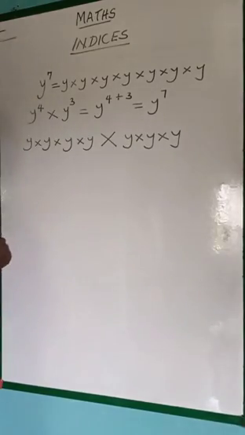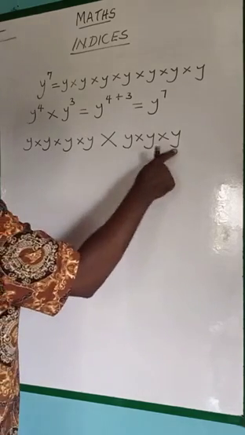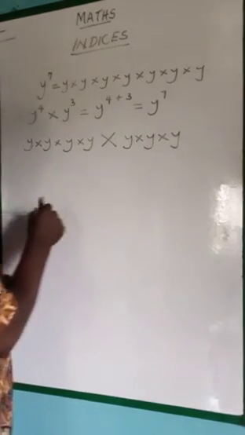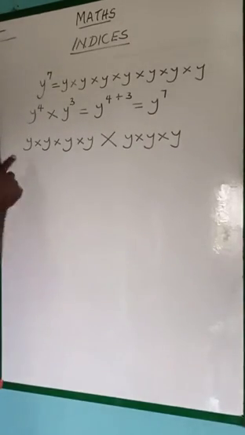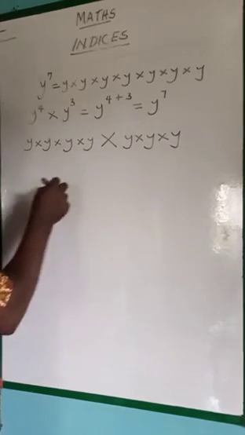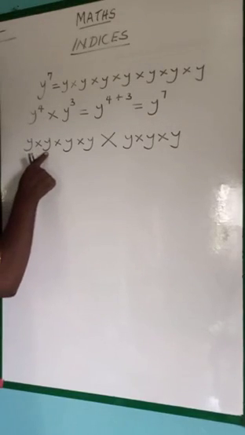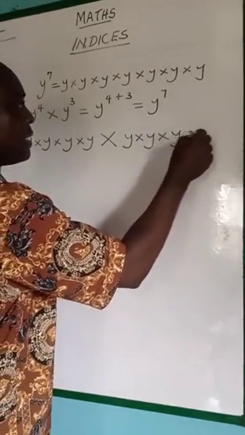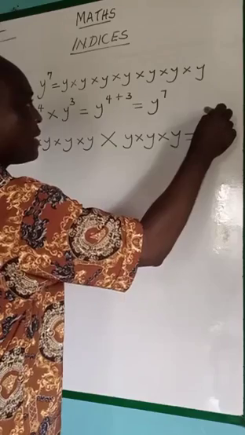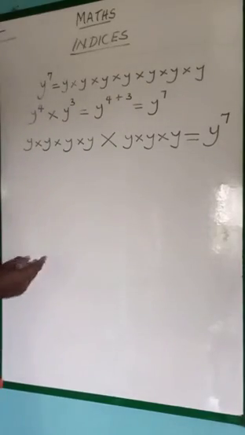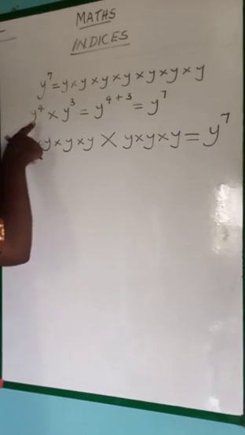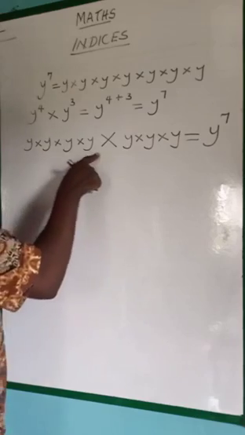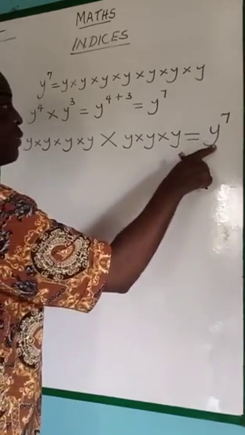Okay, looking at this, you find that you have all y's multiplying themselves. So you are going to ask yourself, how many y's do you have here? If you count 1, 2, 3, 4, 5, 6, 7, it means that y raised to power 7 is the answer, showing that y raised to power 4 times y raised to power 3, after expanding it, will give you the same thing as y raised to power 7.